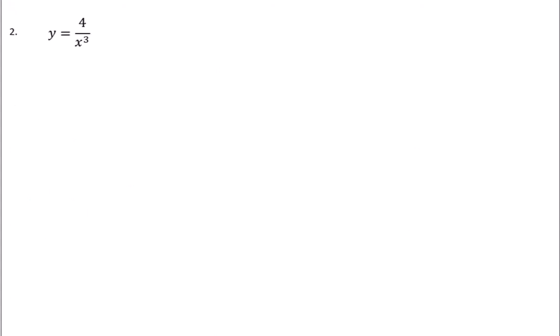Okay, number 2. Okay, this time we've got 4 over x cubed. So you'll know from GCSE that 1 over x cubed is the same as writing x to the power of minus 3, but how do you write 4 over x cubed?